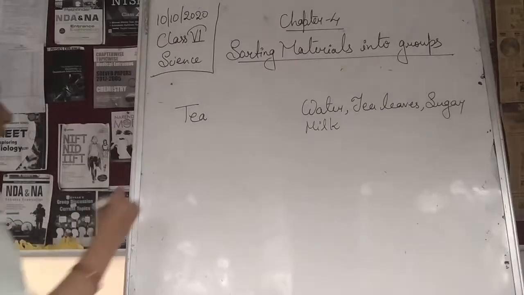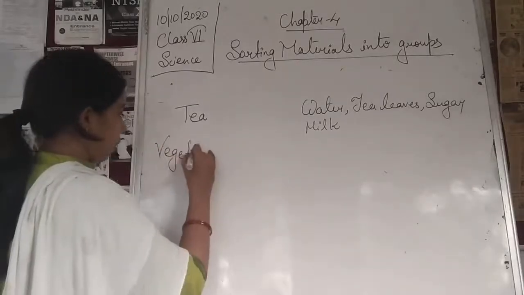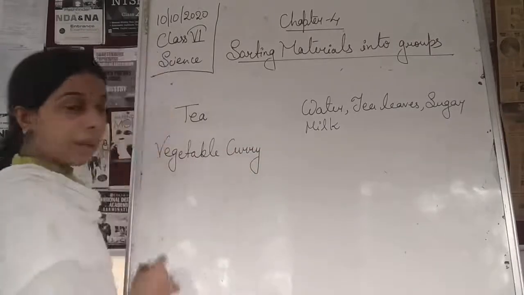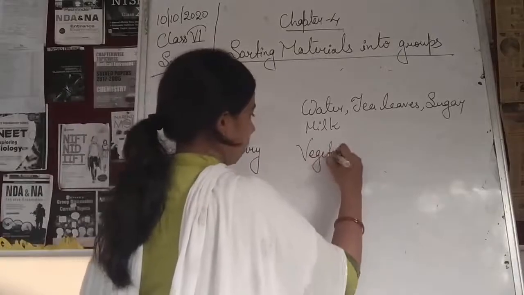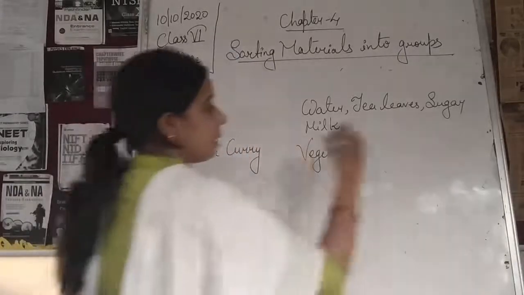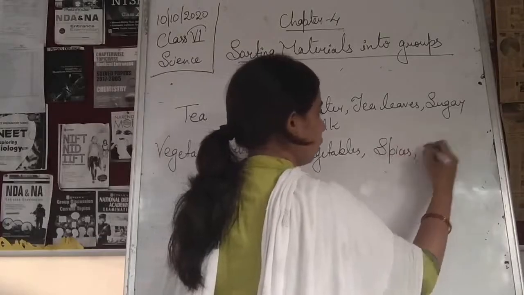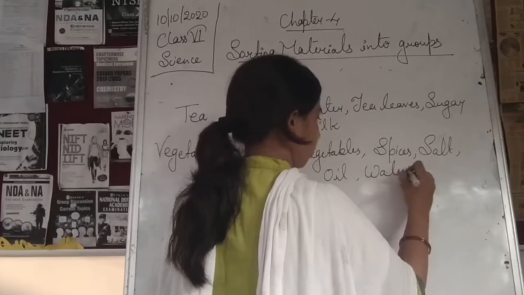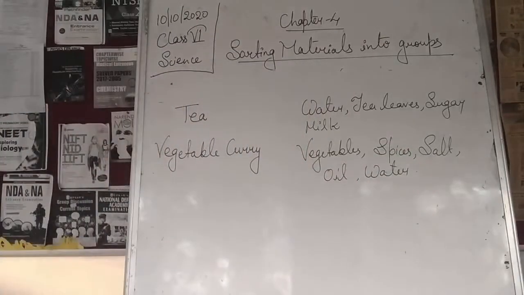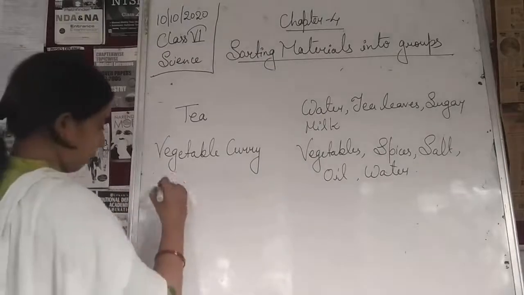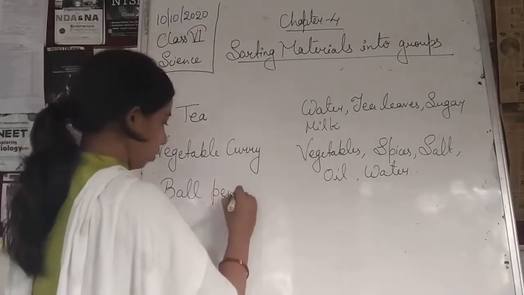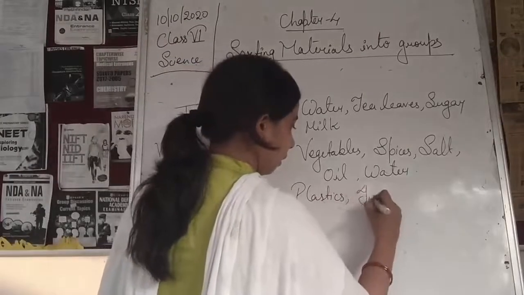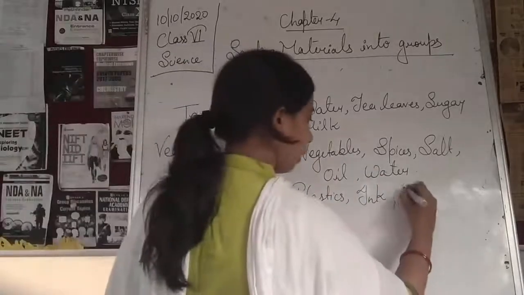Then vegetable curry, made up of vegetables, spices, salt, oil, water. Okay, then ball pen, made up of plastic, ink, sometimes metal, write it metal for making the nib.